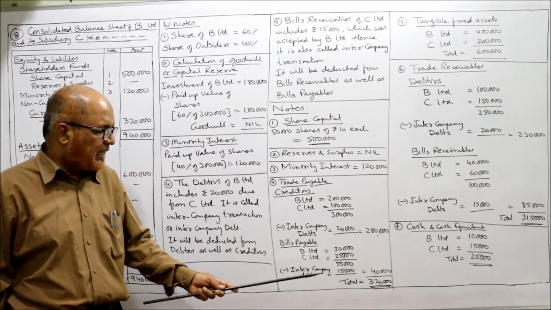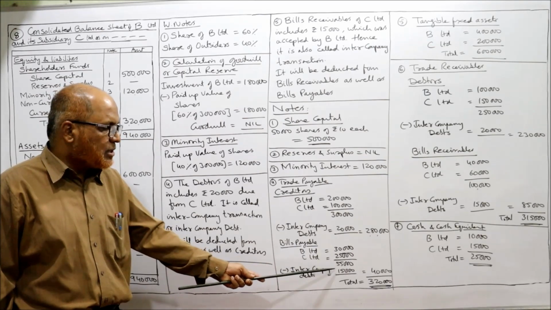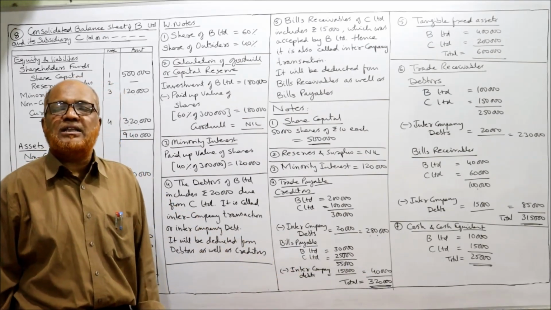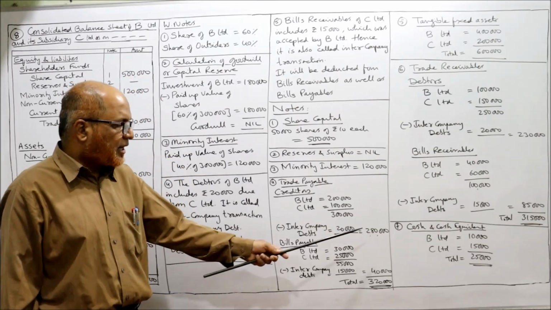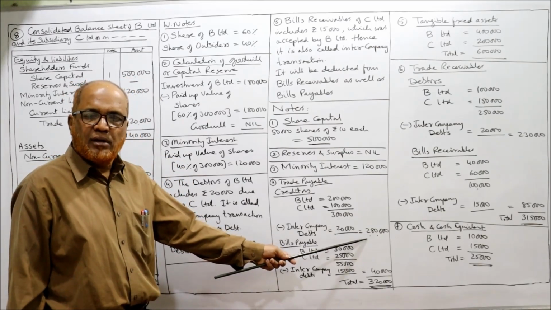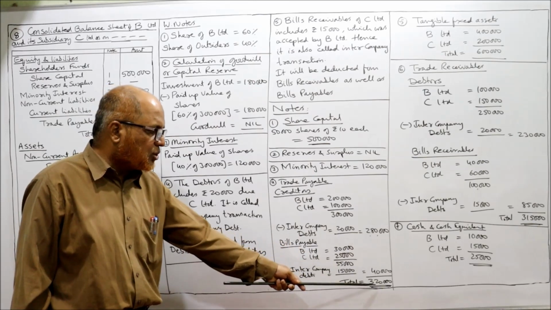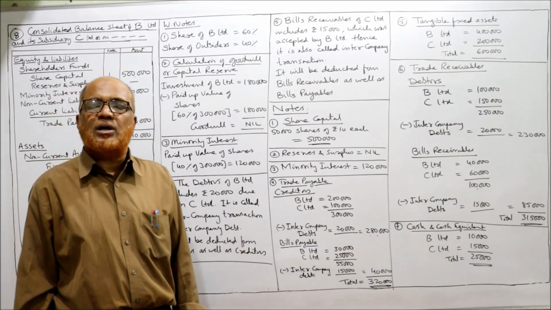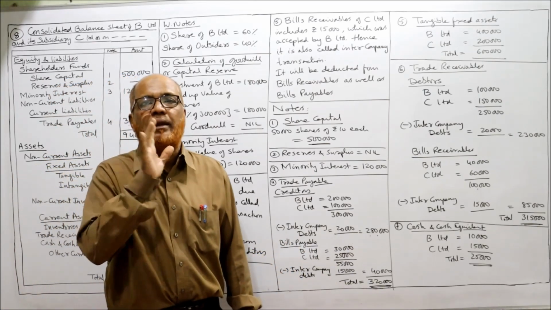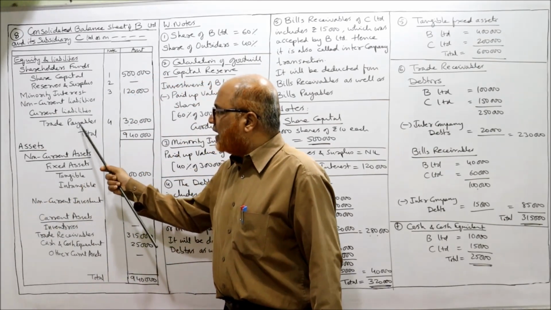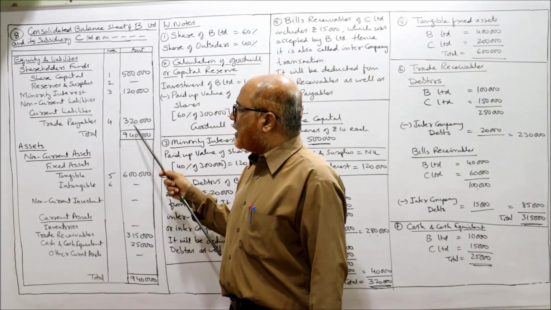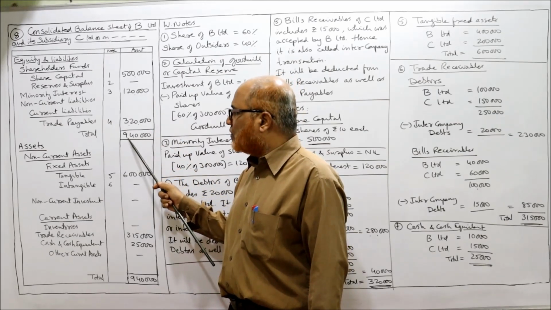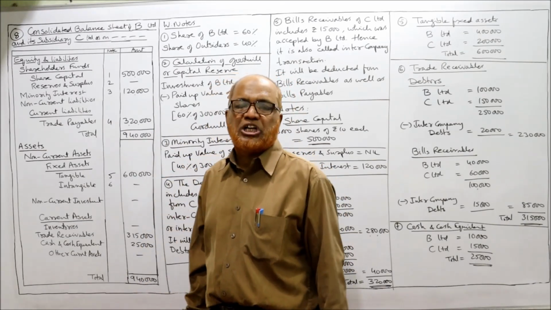So 55,000 minus 15,000, 40,000 is the bills payable. Creditors 2,80,000, bills payable 40,000. Take the total, 3,20,000 is the trade payable. So we have taken all the items on the liability side. Total of liability side 9,40,000.